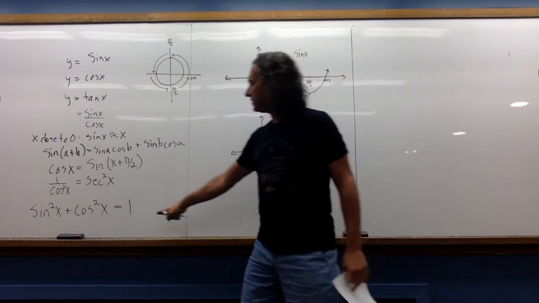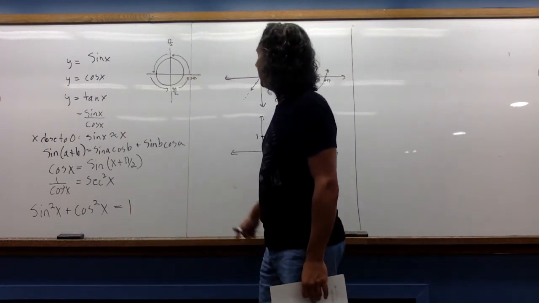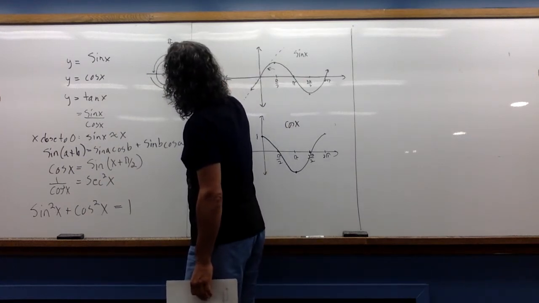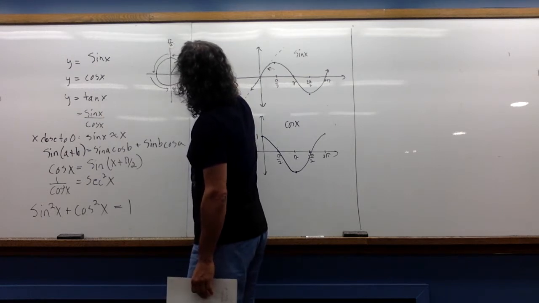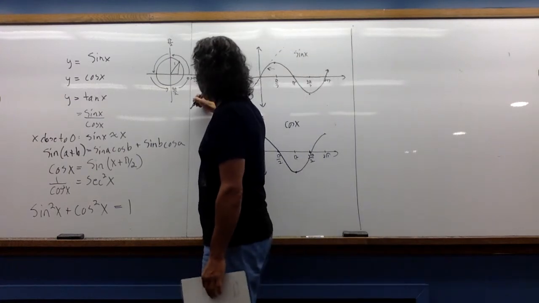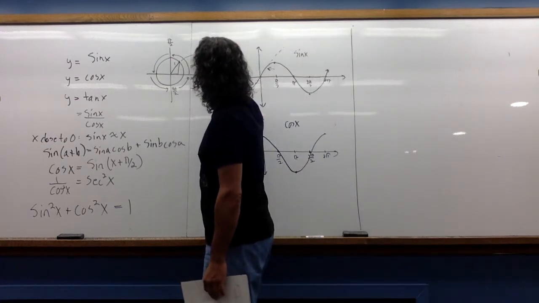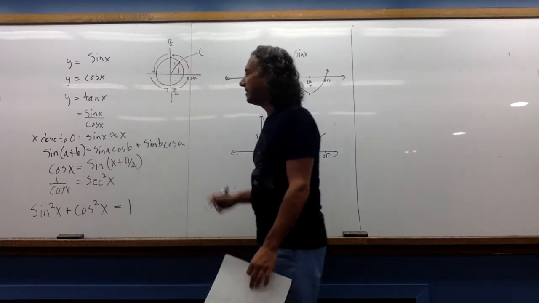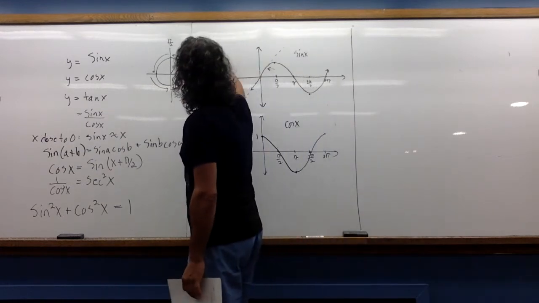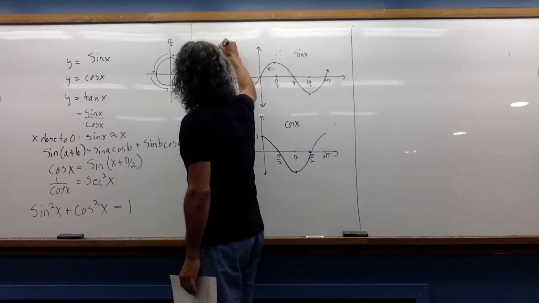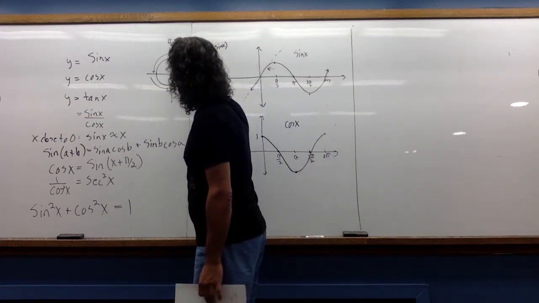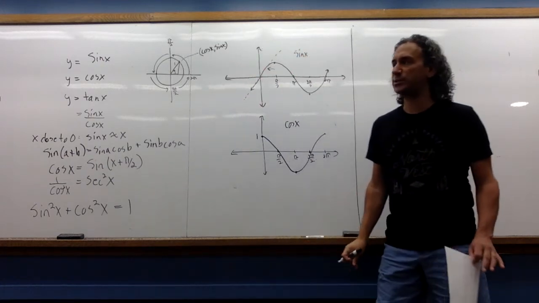So let me quickly show you why this is true, by the way, by looking at a picture. So let's say I drew a triangle like this. Well, the length of this triangle is 1. And let's say the angle that I'm moving in radians, let's say I call that x. So x is the radian measure. Well, if that's the case, then that coordinate should be cosine of x comma sine of x. So again, it's a little awkward because I'm using x for the radian measure, but you'll see why in just a second.